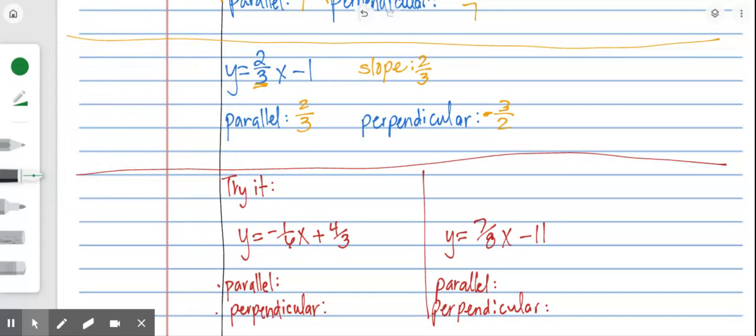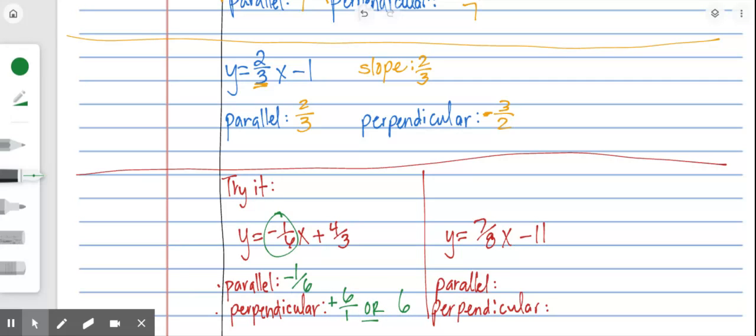Okay, hopefully you're back. So the slope here is negative 1/6, which means for the parallel line, I'm going to keep it negative 1/6. For perpendicular, I need to switch the sign. So since this one is negative, I know that I'm going to have a positive number. And 1 over 6 switches to 6 over 1, or it's going to just become the whole number 6.